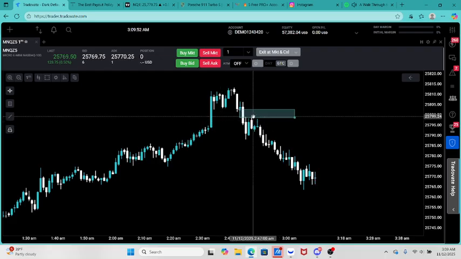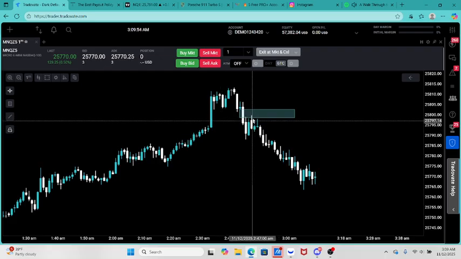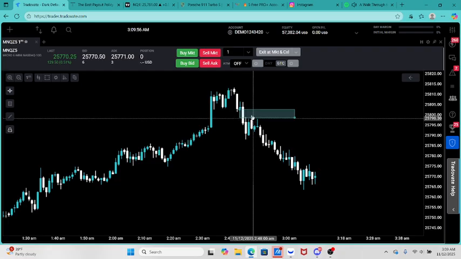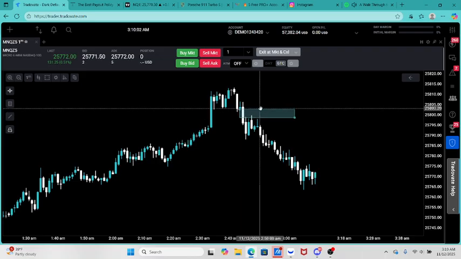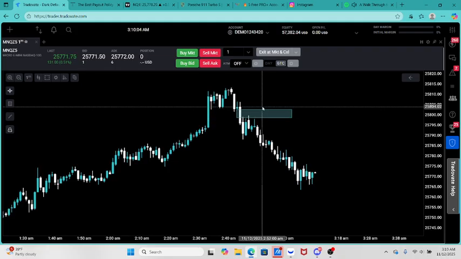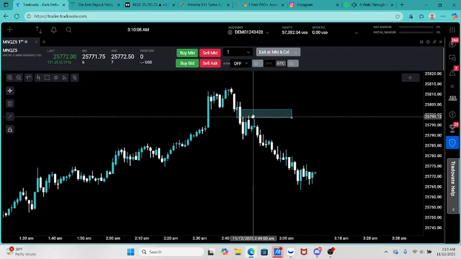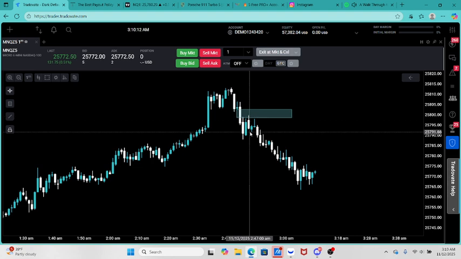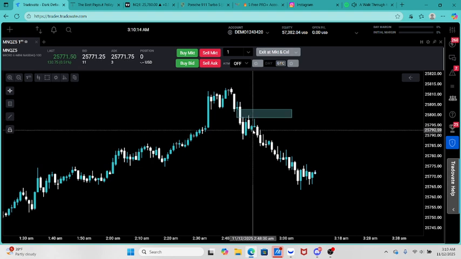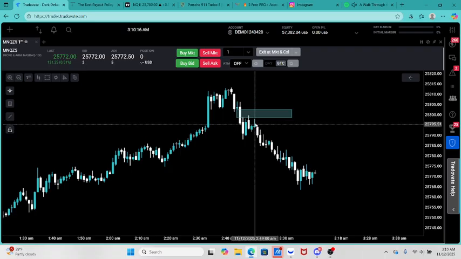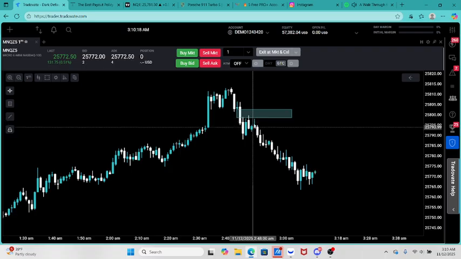But if price had come up into this fair value gap, traded through the midpoint, closed its body above the midpoint, and held above it, then we would have gone higher. But since we came up into it and rejected down, not even the body, just the wick, sent lower, right on this candle, that is your last opportunity to exit.